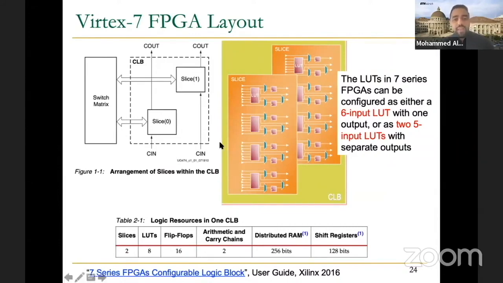And in a single slice, we have multiple lookup tables. So it has a 6 input lookup table, and you can configure it as a 5 input if you need 2 outputs. That is why we chose this Virtex 7 family at that time, in 2016. I think we started the implementation in 2015, and then we got the paper published in 2016, 2017.